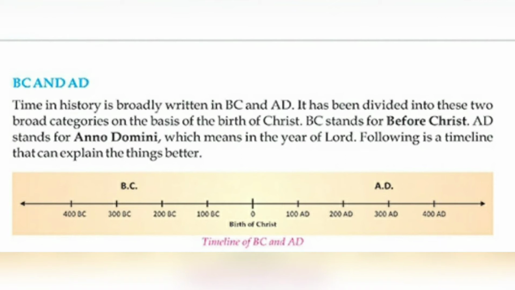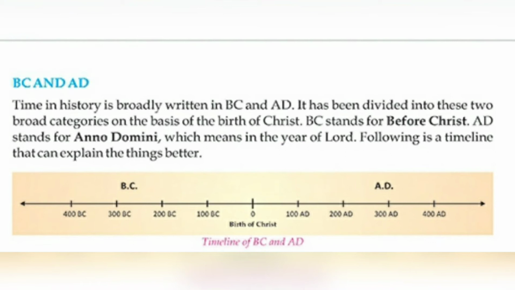Like, 0 is the birth of Christ. Before the time of the birth of Christ, Jesus Christ, we have 100 BC, 200 BC, 300 BC. And after that, Anno Domini, in the year of the Lord, when the Lord's birth is done, like 100 AD, 100 years after the birth of Jesus Christ.